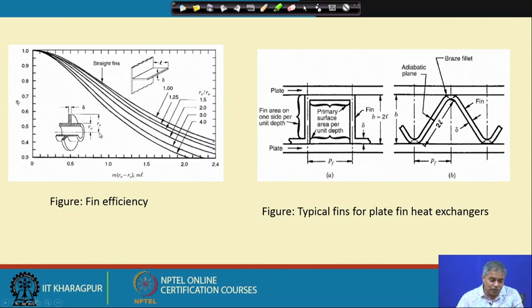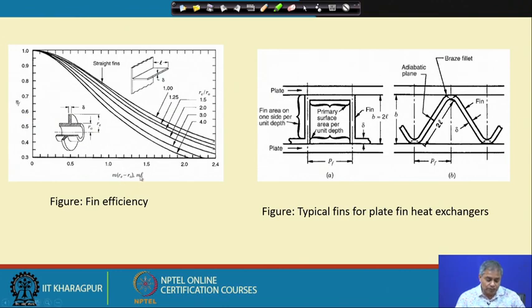Re and Ro are given. If the fin geometry is known, Ro and Re are known and we can calculate this, and m is a thermogeometric parameter. How to calculate m we have discussed, and again we will see how to calculate m.